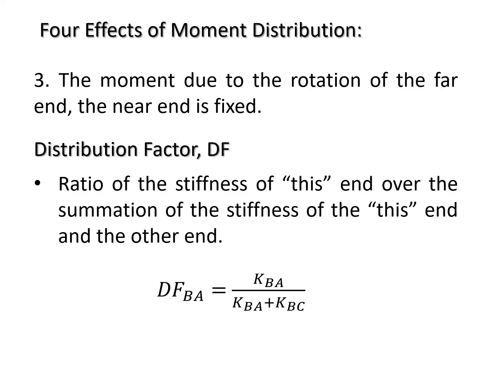If we need to get the distribution factor of BA, then we need the stiffness of BA, which is KBA, over KBA plus the stiffness of BC, or the KBC. That's how to get the distribution factor DF.